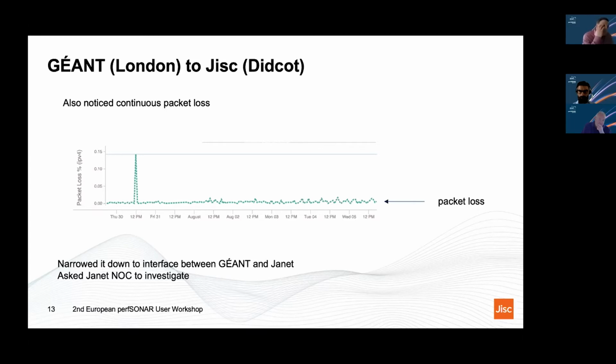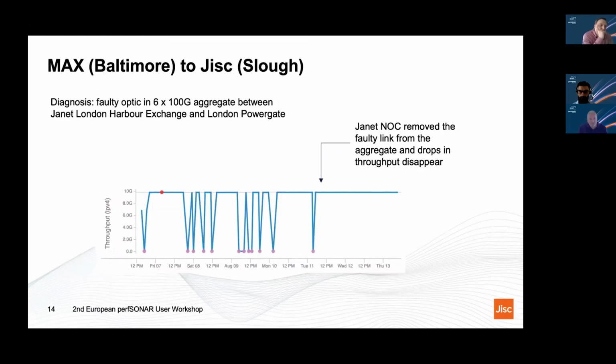And we asked the GÉANT NOC to investigate. They replied quite quickly to indicate that there was a faulty optic in the 6x100 gigabit aggregate between London Harbour Exchange and London Powergate on the GÉANT network.